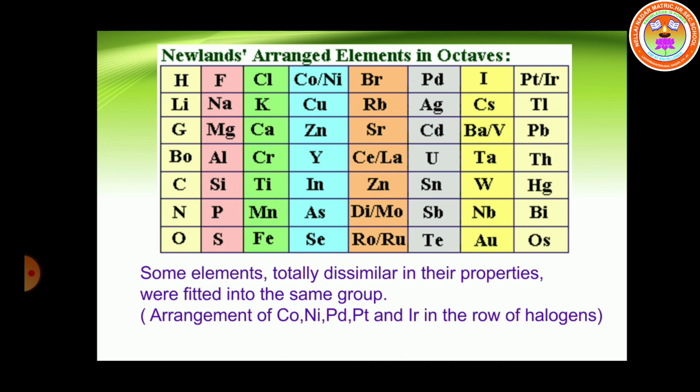But cobalt, nickel, palladium, platinum and iridium are metals. These metals are arranged in the row of halogens. So, some elements totally dissimilar in their properties were fitted into the same group. This is the second limitation of Newland's table.